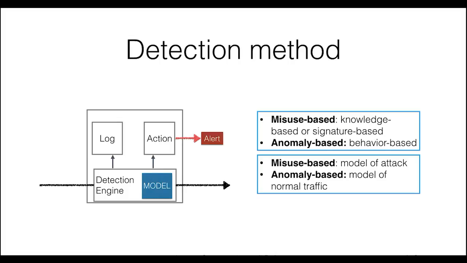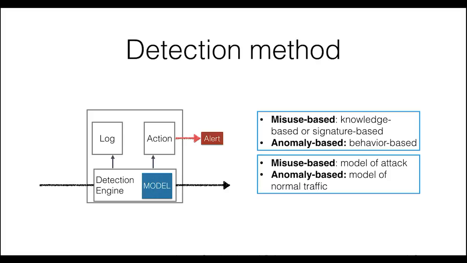We have an anomaly-based IDS if the internal model describes how normal traffic looks like. We have instead a misuse-based IDS if the internal model of the detection engine describes how an attack looks like. In this case, an IDS works similarly to a virus scanner, with signatures of known attacks. The advantage of a misuse-based IDS is that since there is a clear description of the attack, it rarely raises false positives.